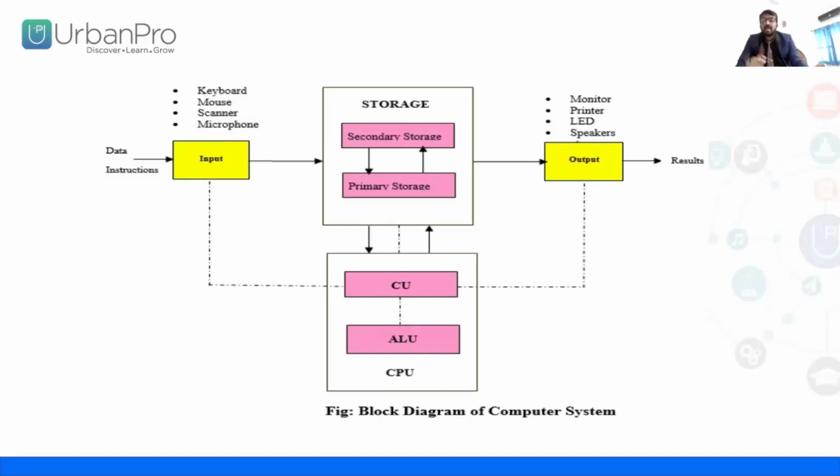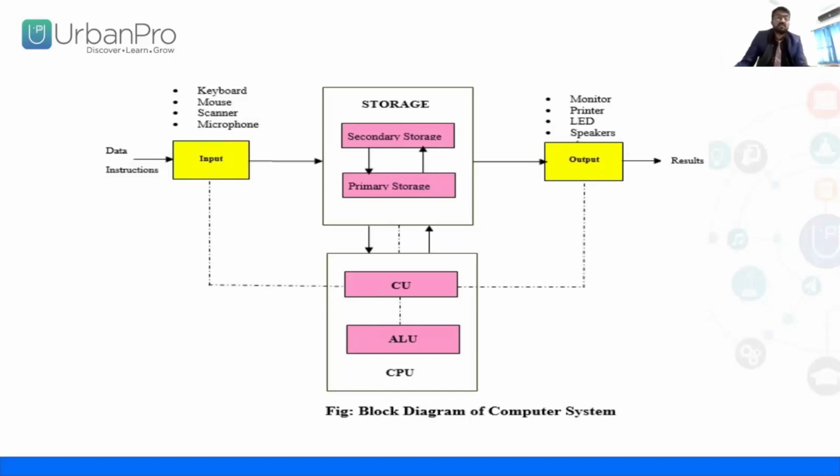In primary storage, as soon as you switch off the computer, the content of memory will be erased or deleted. But secondary memory is permanent in nature. Your information, data or instruction will be stored permanently in secondary memory, that is hard disk.